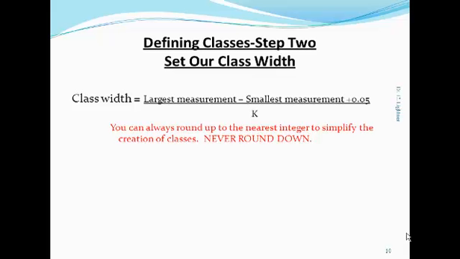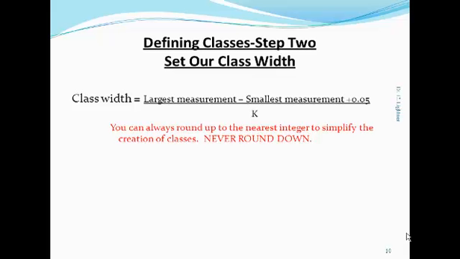Please note that once you compute your class width, you will likely get a whole number with a decimal value. You can always round this number up to the nearest integer in order to simplify the creation of classes. You can never round the number down.